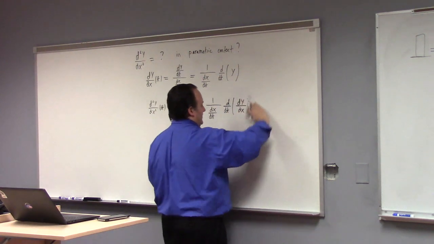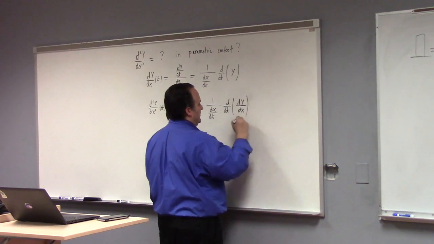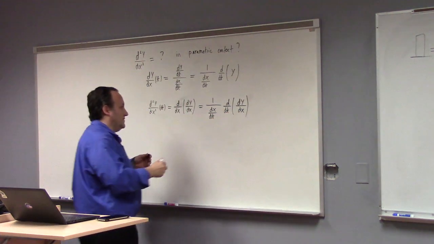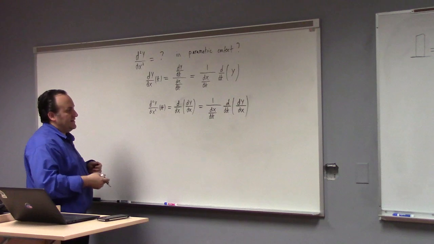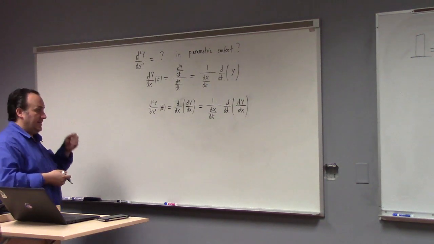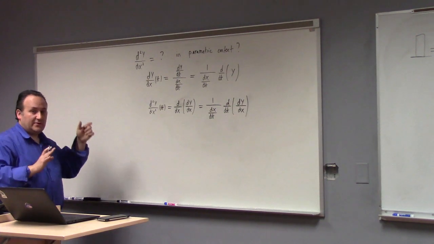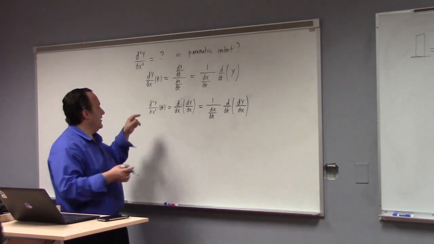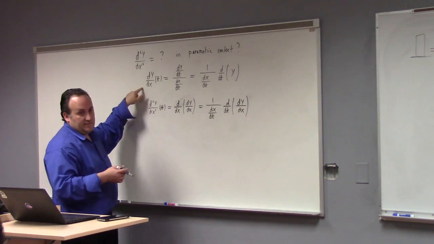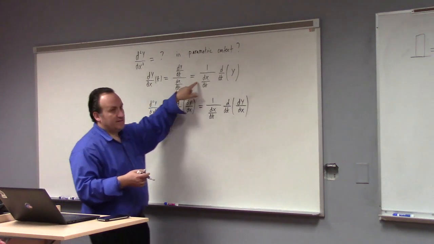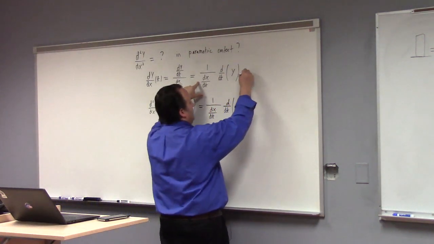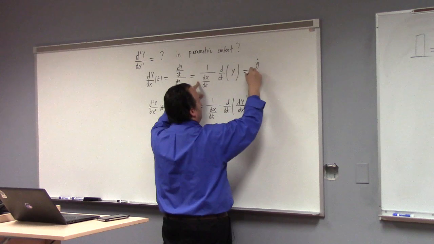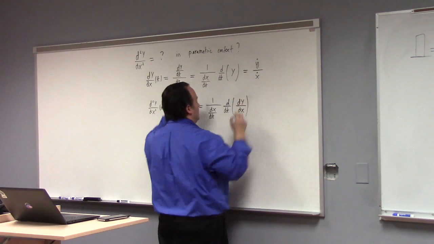Let me just leave it like that. Technically, everything here is a function of t, all right? Now, there are different paths you could go down here. One thing you could do would be to go, well, we already know what dy dx is, right? In terms of time derivatives, it's up here. I could rewrite this: this is really y dot over x dot if we use Newton's notation.